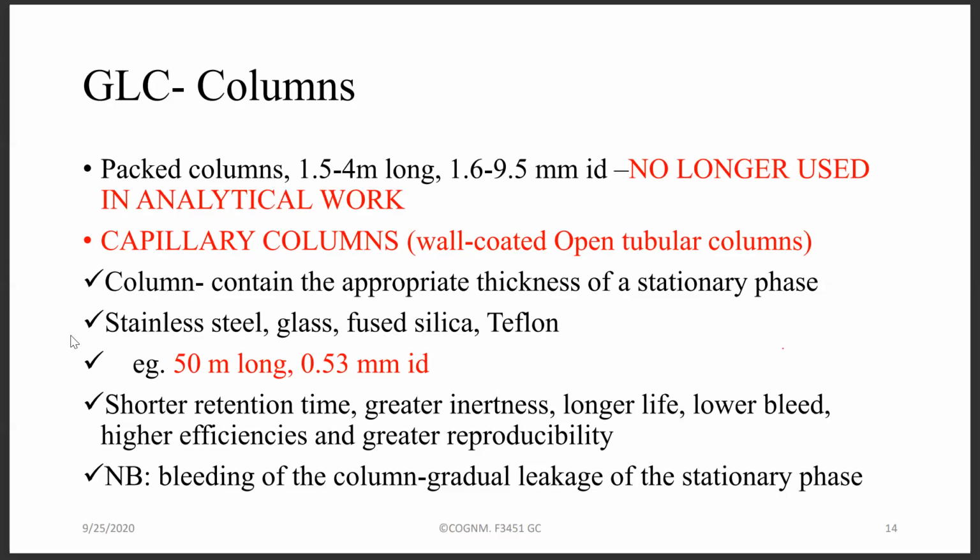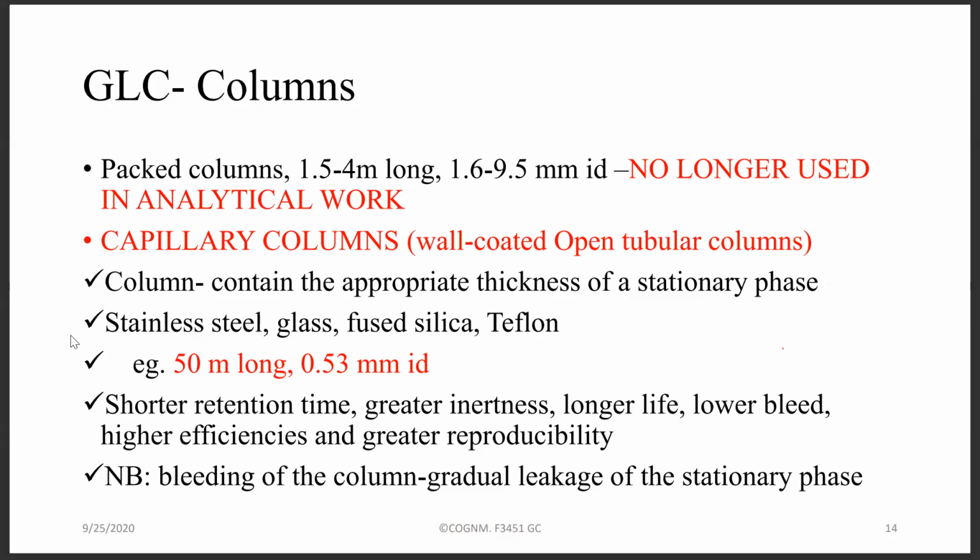But this is no longer used in analytical work. Then capillary columns, the wall coated tubular columns, are usually about 5 to 50 meters long and up to 3 millimeters in diameter.